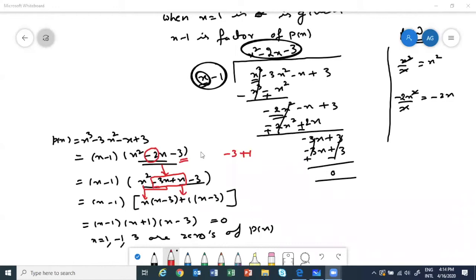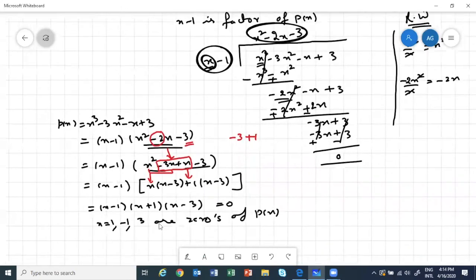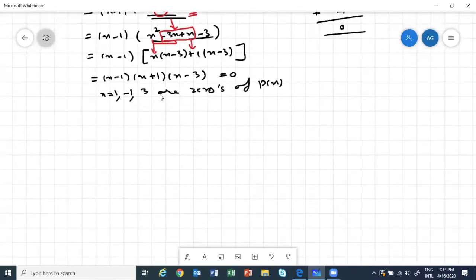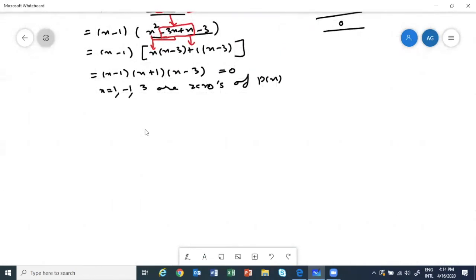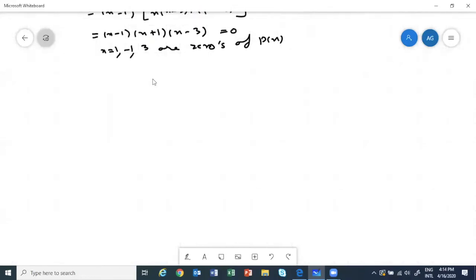Now we are saying, suppose we had a remainder. What will we do? Okay, let's take one question. If we are left with a remainder, we don't get a 0. Means if we are dividing one polynomial by another and it's not a factor of it, or it's not giving 0, then what will we do? Okay, we'll take one question.